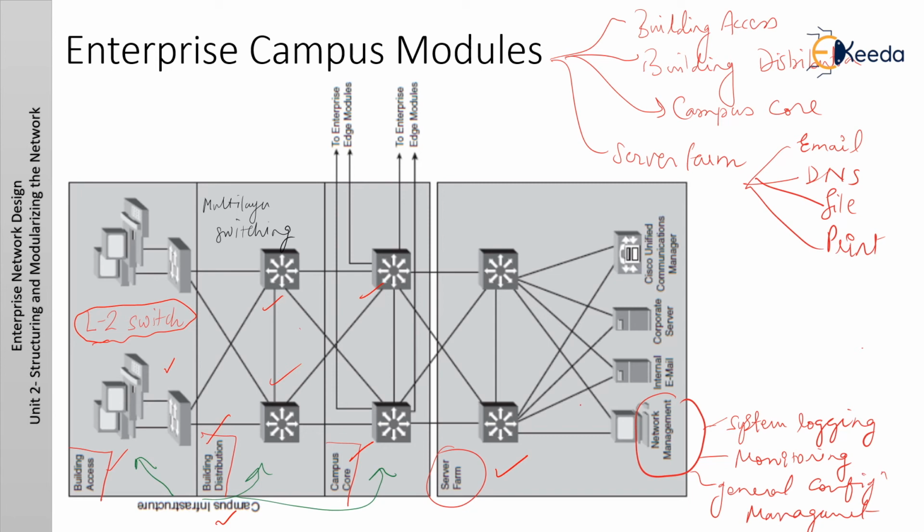So what is inside the building access layer? The building access layer, located within a campus building, aggregates end users from different work groups and provides uplinks to the building distribution layer. It contains end user devices such as workstations, Cisco IP phones, and network printers connected to layer 2 access switches.